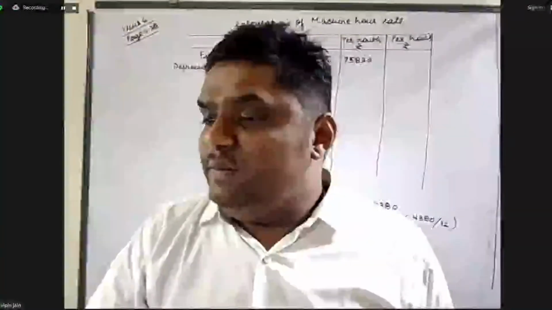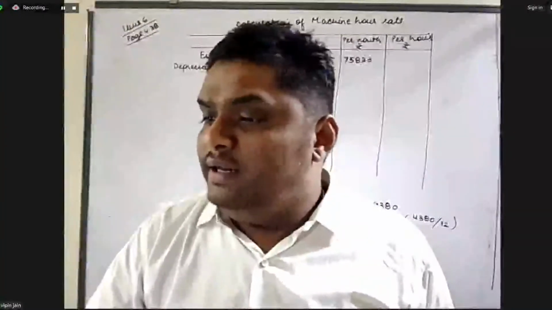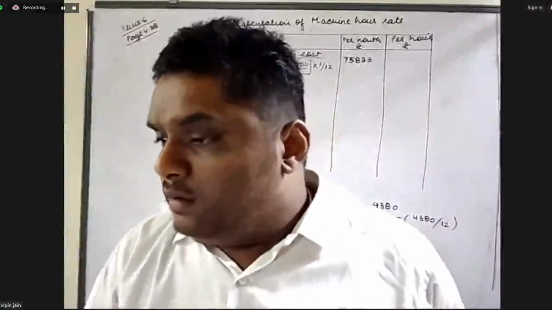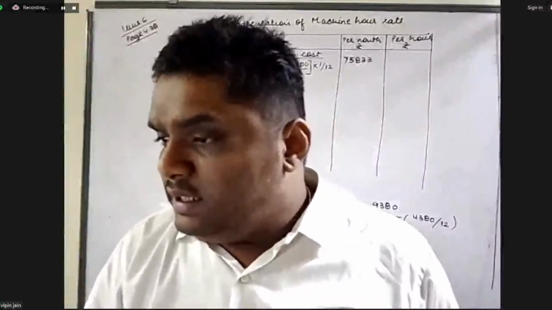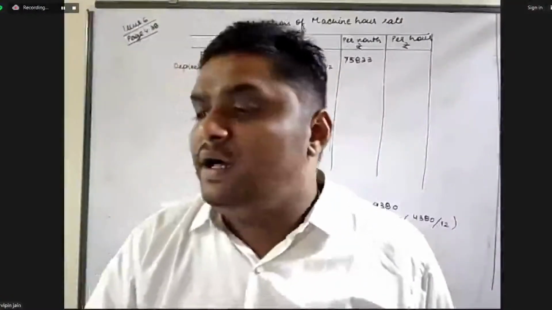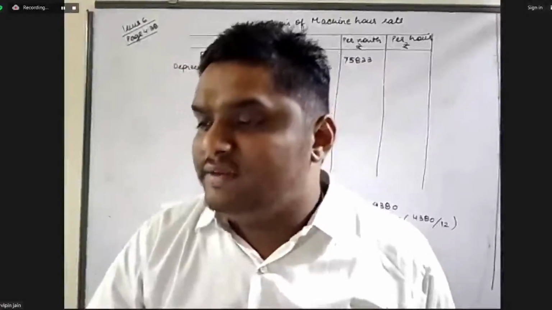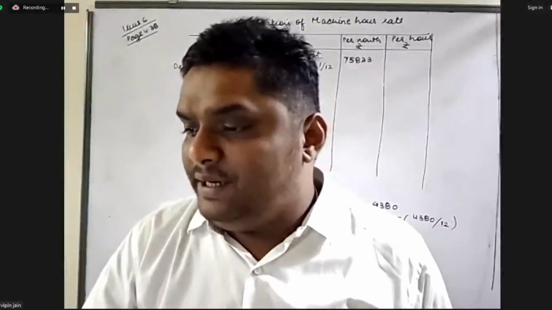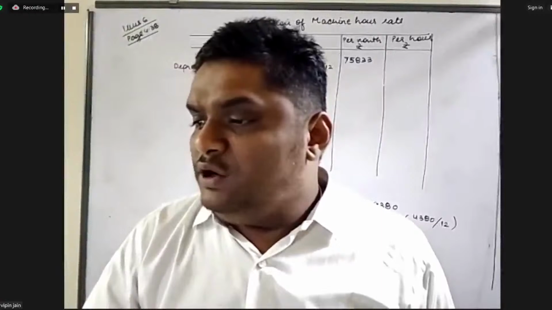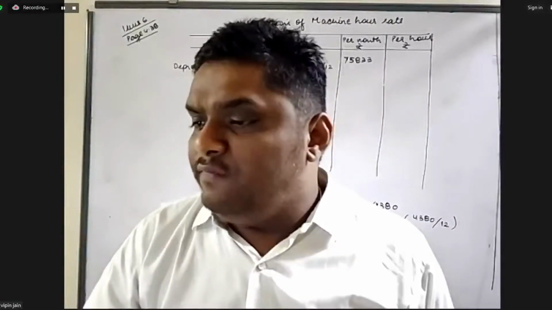Now, the electricity consumption is 15 units per hour and the rate is rupees 5. So again, this is a variable cost. We'll consider this separately. Now the machine occupies 1/4 of the area of the department.